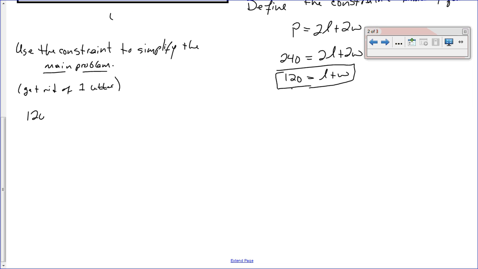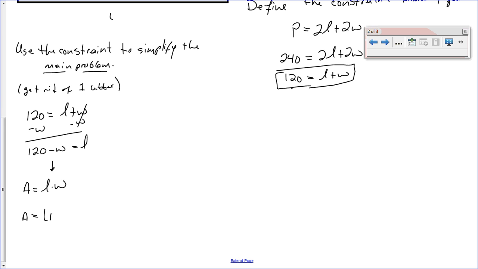Well, how are we going to do that? 120 equals L plus W. Let's solve it for L. Minus W, minus W. So 120 minus W equals L. Now going back to the area equals length times width formula, we can plug in 120 minus W for L, therefore eliminating L in our equation for area.